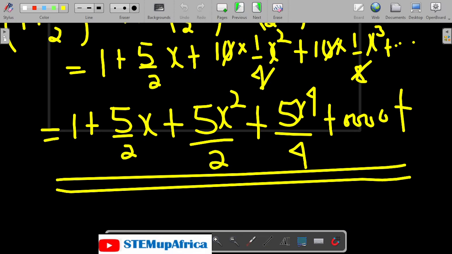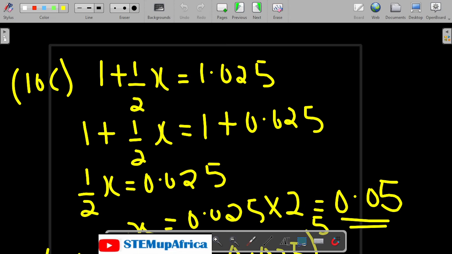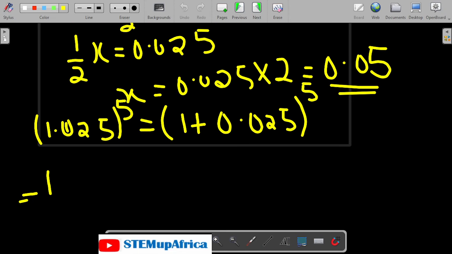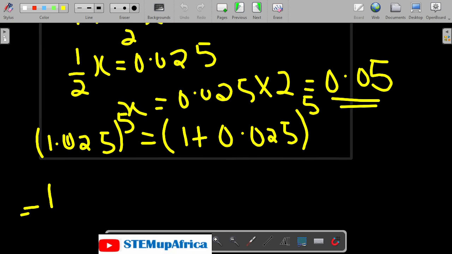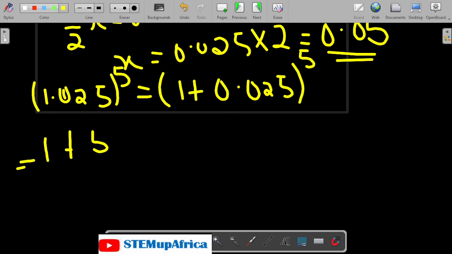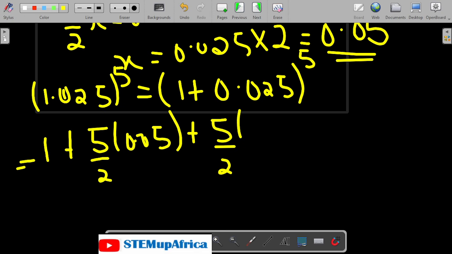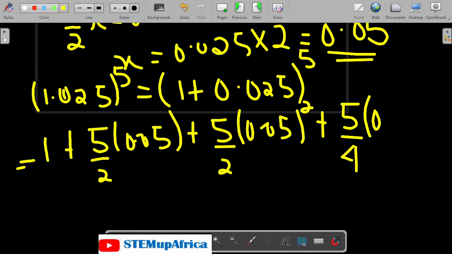So I'm going to have our x is 0.05. That is the value of x, 0.05. So I'm going to have 1 plus 5 over 2 times 0.05 plus 5 over 2 times 0.05 squared plus 5 over 4 times 0.05 raised to power 3.